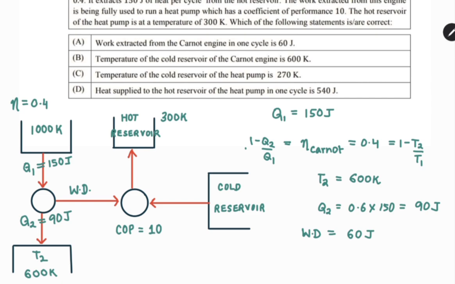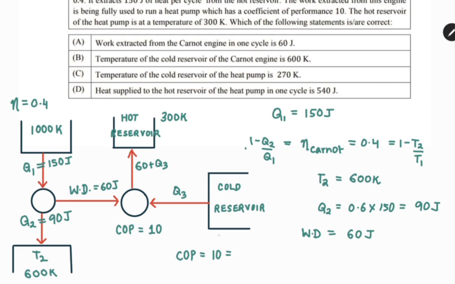The coefficient of performance is 10, and the work we have calculated as 60 joule. If I mention the extracted heat as Q3, then 60 and Q3 will combine together to make 60 plus Q3, which will eventually be dumped to the hot reservoir.